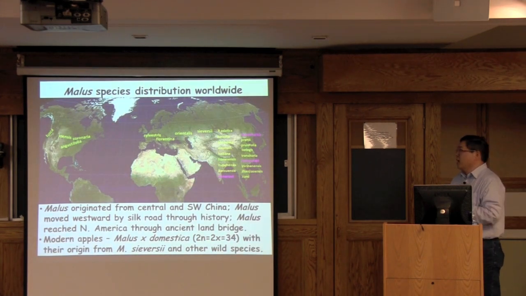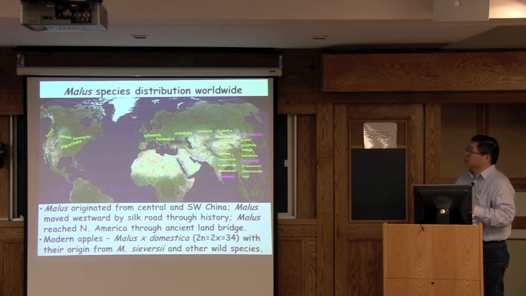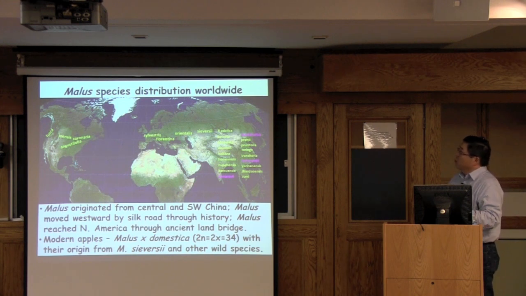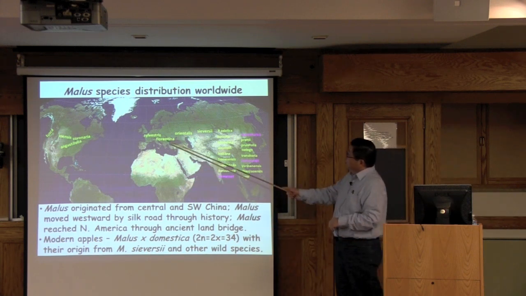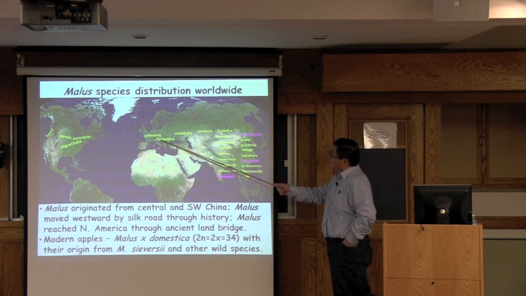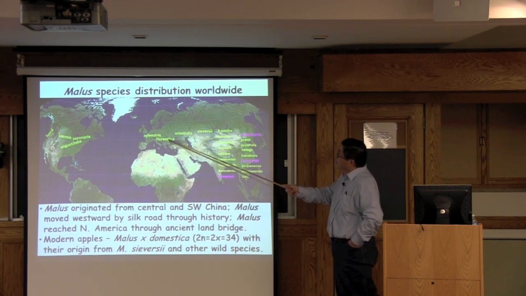Today I only have time to talk more about the Malus wild germplasm material. Here is a map showing worldwide where the Malus species are distributed. As you can see, there are four different species in North America. There are two species in Europe, Malus sylvestris and Malus florentina.